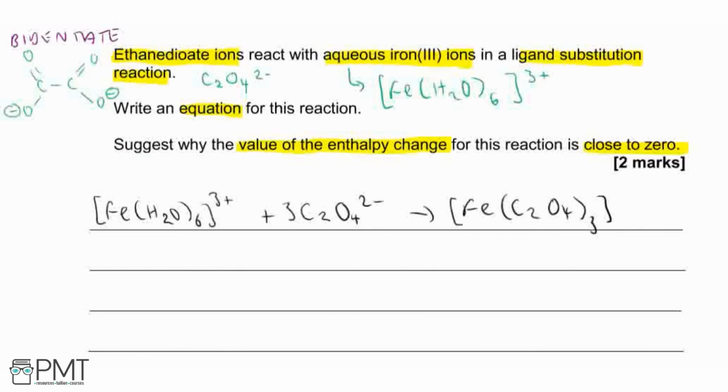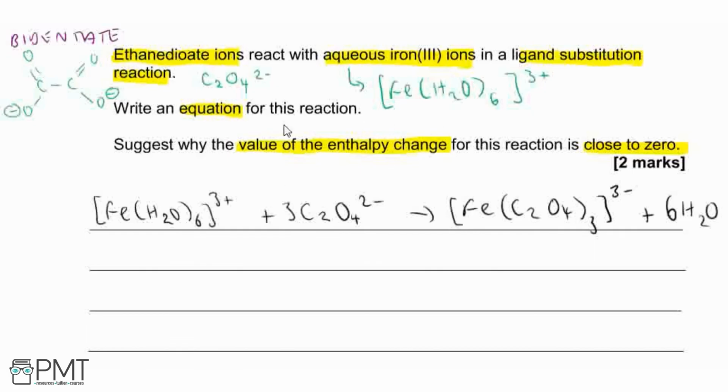But now the charge is going to be slightly different for the complex because the iron is in 3 plus oxidation state, but we've got 3 lots of our -2 charged ions. Therefore, we've got 3 plus and then we've got 6 minus. So that gives an overall charge of 3 minus. And then we've got our 6 waters, which we substituted out. And checking the charge, we need to have the same charge both sides. So we've got 3 minus on the left and 3 minus on the right as well.